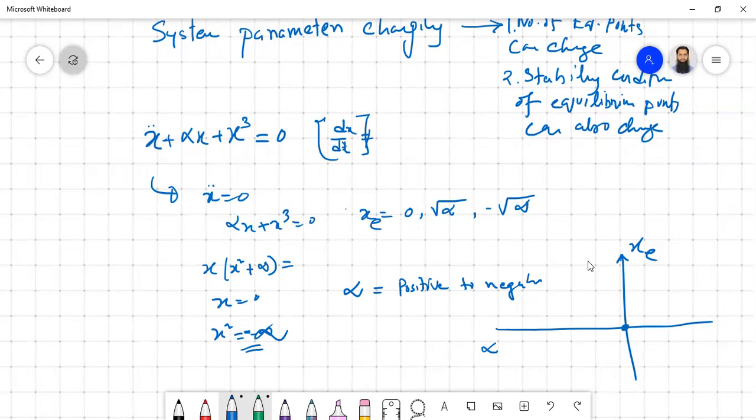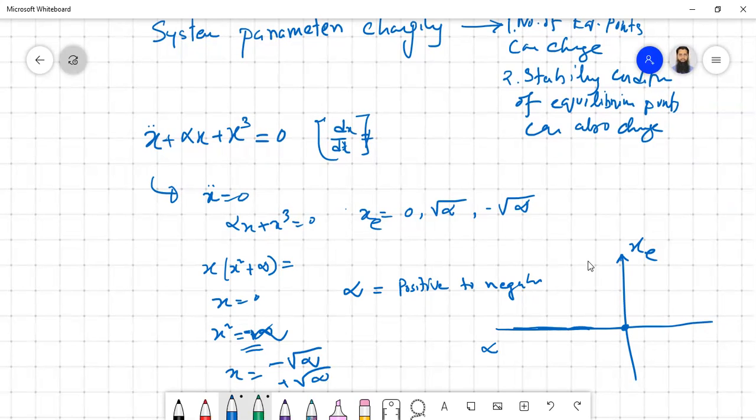Once the value of alpha is negative, we can have x equal to minus root over minus alpha as well as plus root over minus alpha.